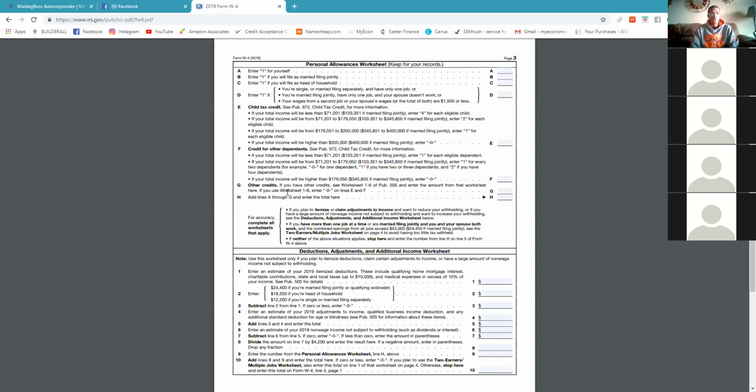So what you're going to do with that money that you got back on your check from correctly filling out your W-4 form, you're going to take that money and add it to a debt that you already have to pay off that debt a lot quicker.